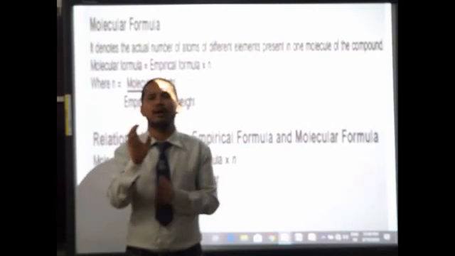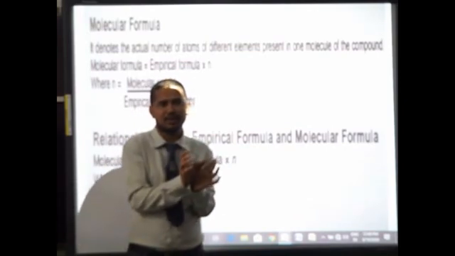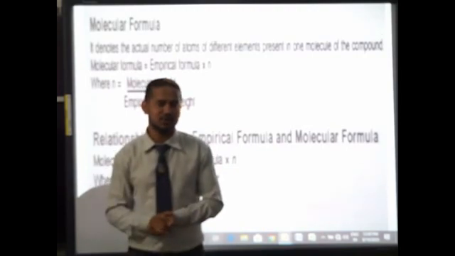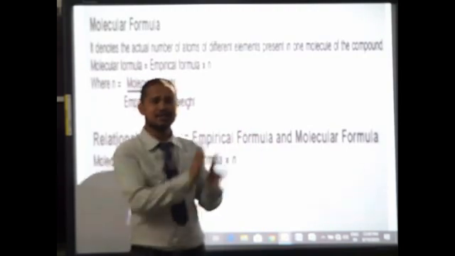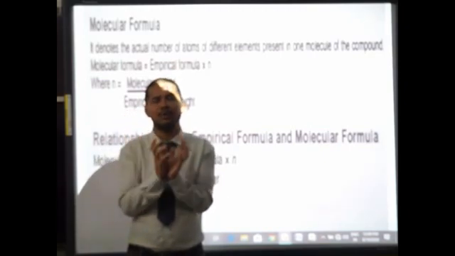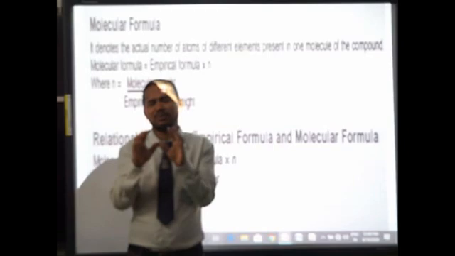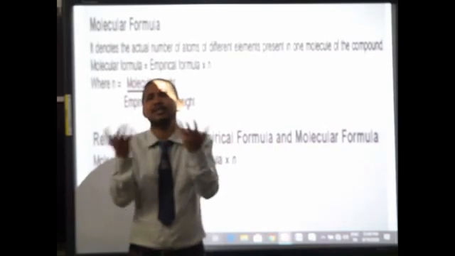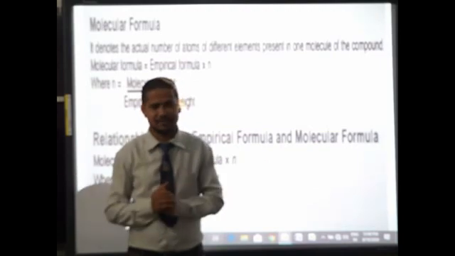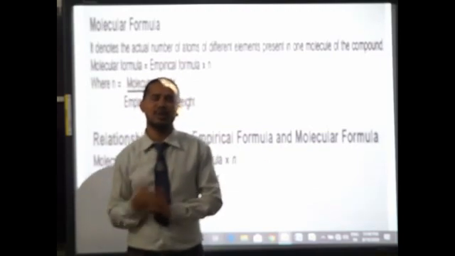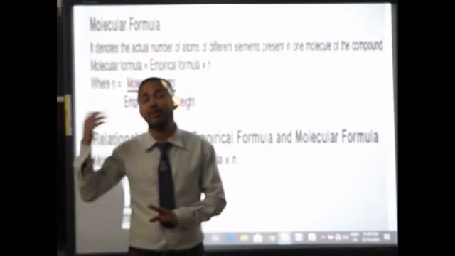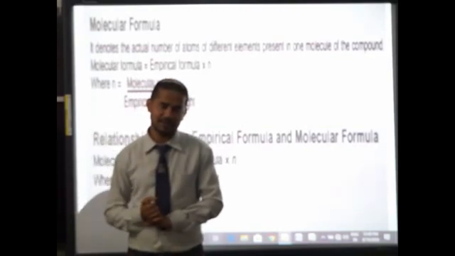One mole of a substance will have 6.022 into 10 power 23 particles of that substance, and 1 mole of any substance will have the same number of particles. 1 mole of hydrogen will have the same number of molecules as 1 mole of carbon dioxide.